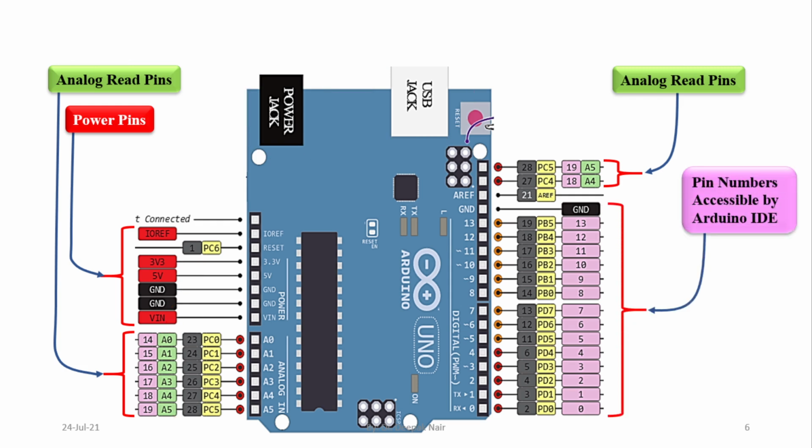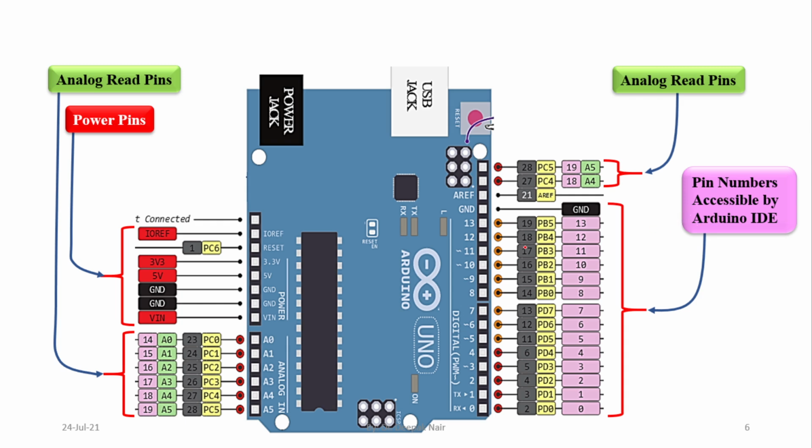Now on the right side we have pins which are represented by 0, 1, 2, 3 onwards up to 13, which are representing pin numbers which are directly accessible by Arduino IDE.